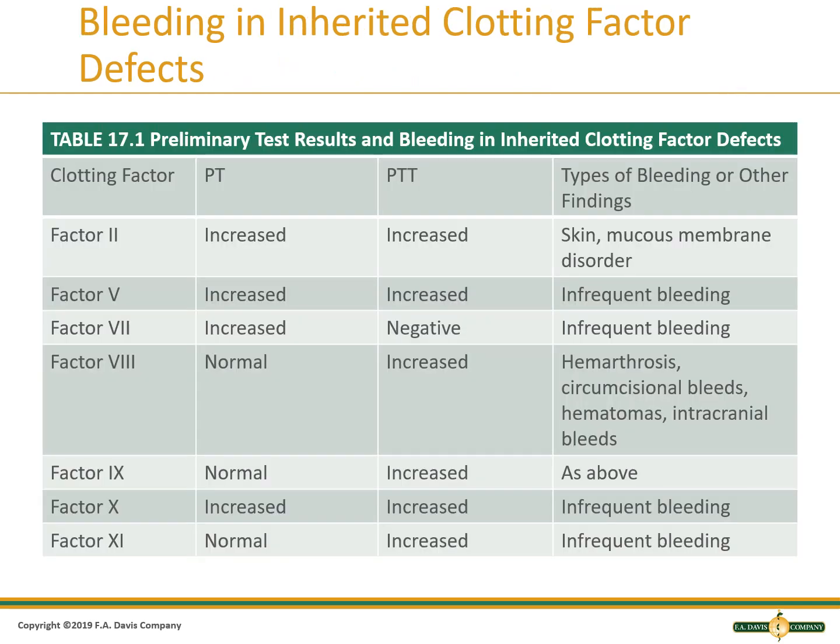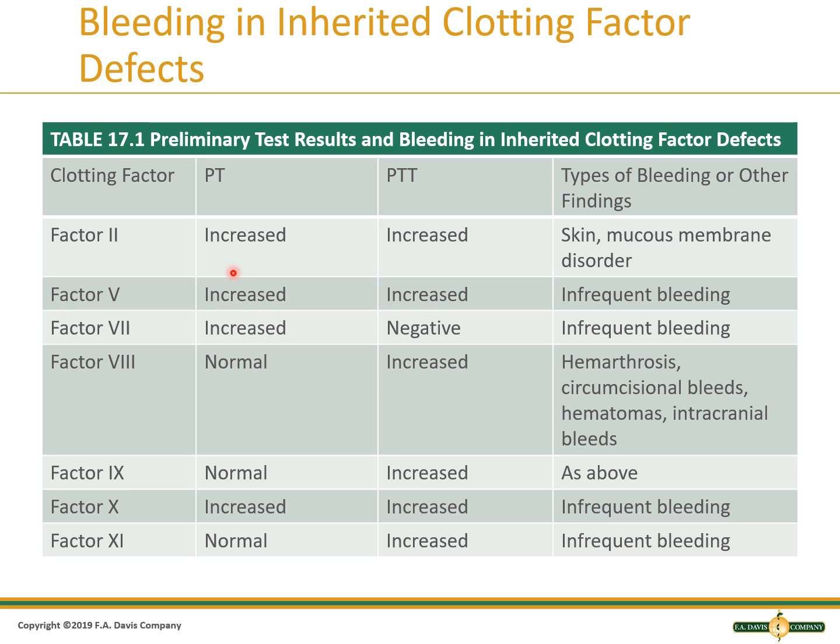Here is a chart that gives you each factor when it comes to inherited clotting factor defects. So you can see at the top it's listed: your clotting factor, your PT test results, your PTT test results, and types of bleeding or other findings. With factor 2, the PT and PTT are increased.